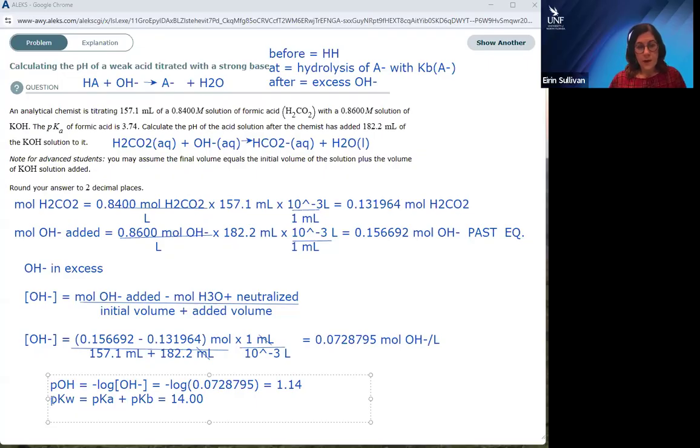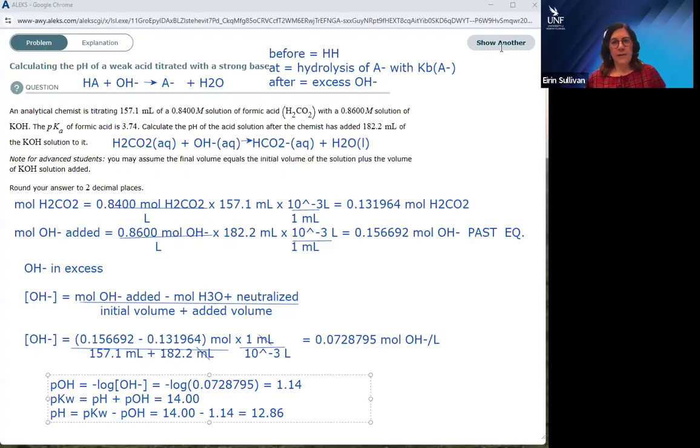So I want to rearrange and solve for pH. So pH is going to be pKw minus pOH. Don't forget to do that, or you'll be wrong. Right, so 14.00 minus my 1.14 will give me a pH value of 12.86, which sounds much more reasonable.